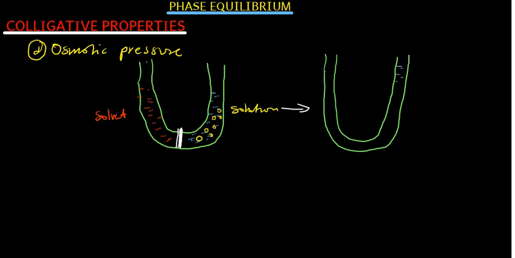So we are going to have more this side, and we still have our semi-permeable membrane here, and on the other side the level will be much lower, because at first they were all on the same level, but now we can see they are at different levels.